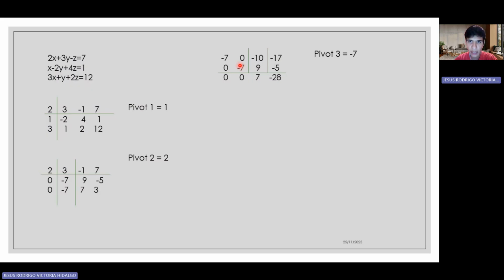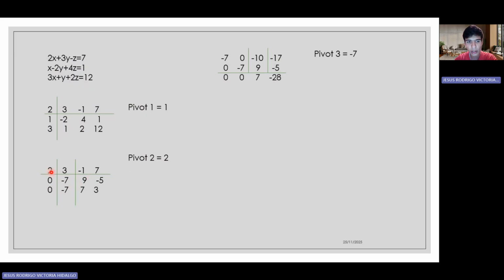Minus 7 times 2 is minus 14, minus 3 times 0 is minus 14 minus 0. Now we are going to divide by the last pivot, that is 2.